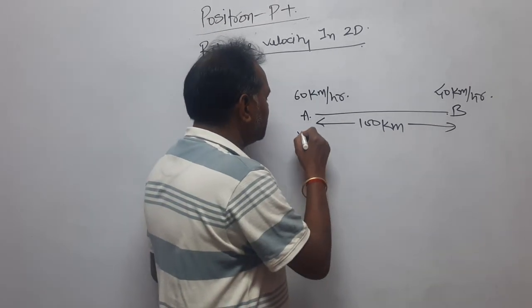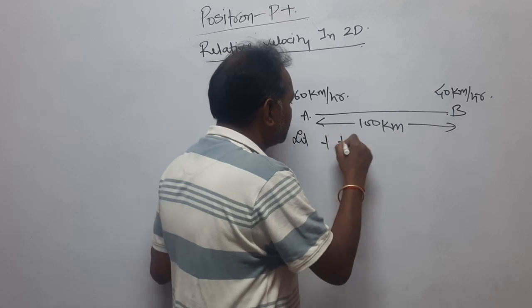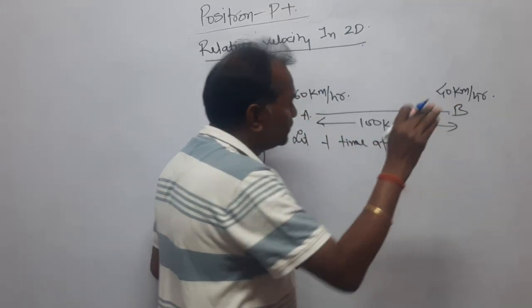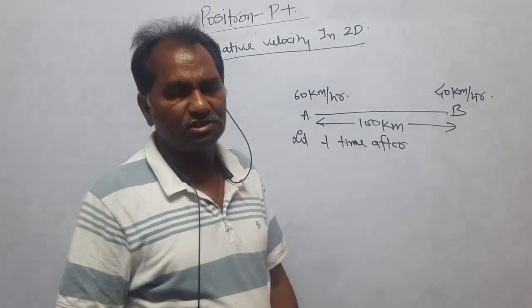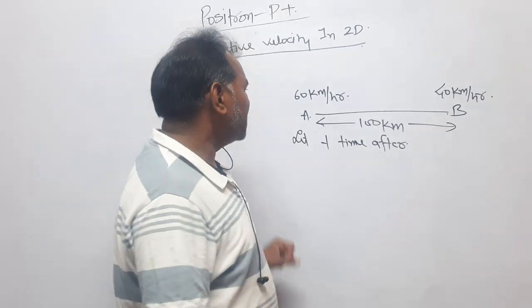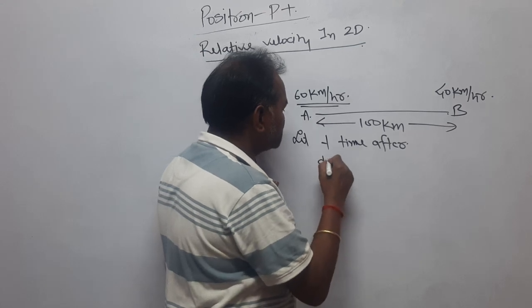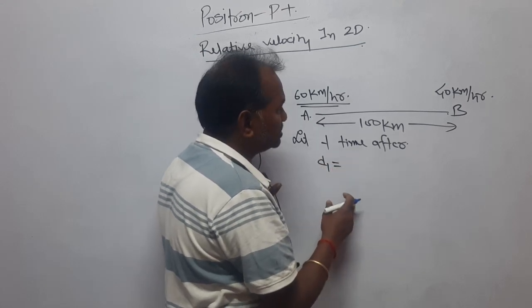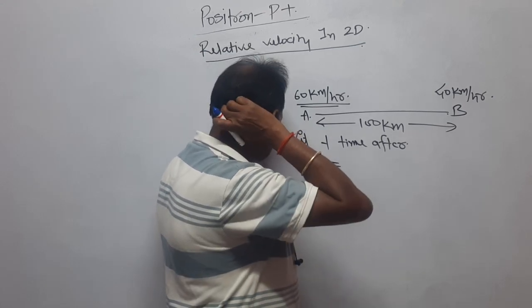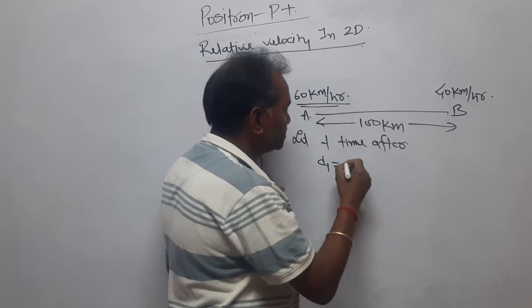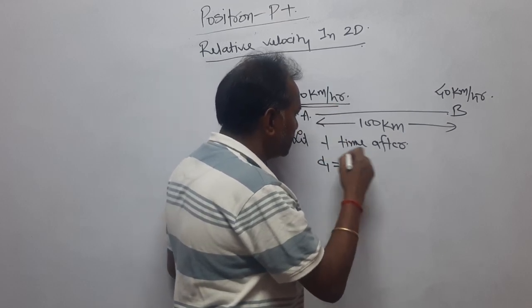Let t be the time after which the two vehicles cross each other. In that time t, distance is equal to velocity into time.